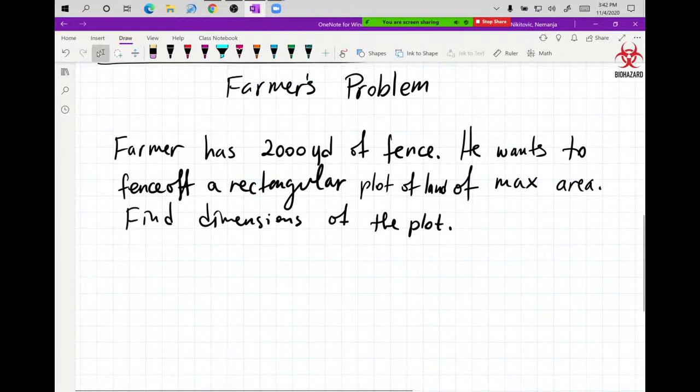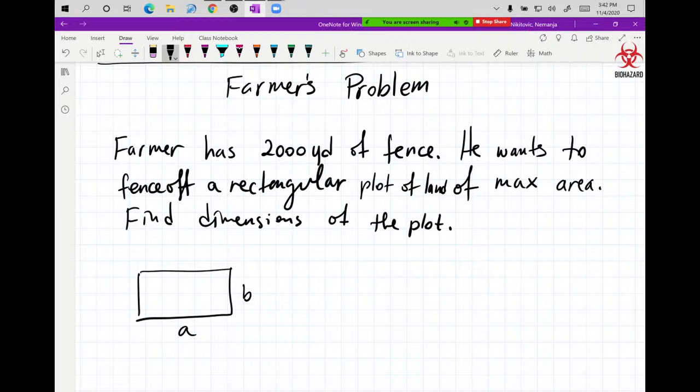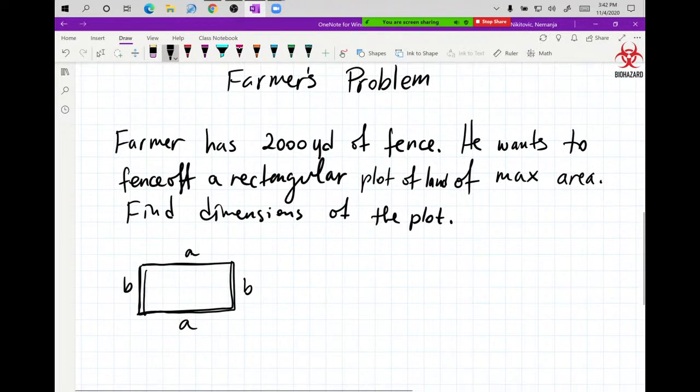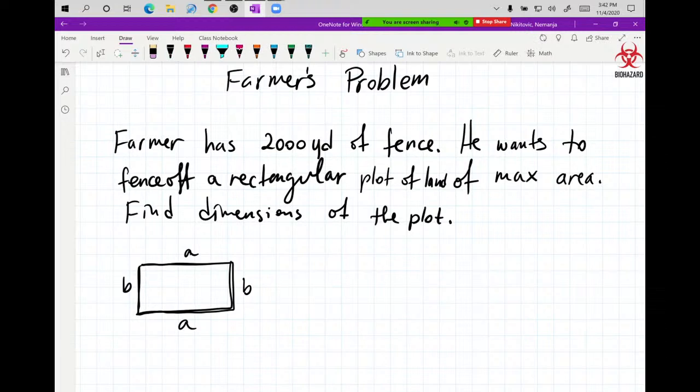Okay, put the rectangle down. We know the rectangle has a and b as sides. And hopefully we understand that the perimeter fence goes on the perimeter of the rectangle. You don't put the fence everywhere inside, so we're not talking about the area there. We're talking about the perimeter because the fence goes around the plot of land. Whether we're going to put cows or apples inside, I don't care. It just needs this plot of land with the maximum area.